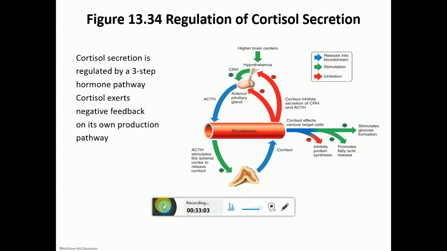Then ACTH goes to the adrenal cortex, and the adrenal cortex makes cortisol. Like we said, cortisol inhibits protein synthesis, promotes the release of fatty acids, and stimulates glucose formation. So it can make you diabetic, make you hypertensive, and cause loss of body protein mass. So chronic stress is definitely not a good thing.